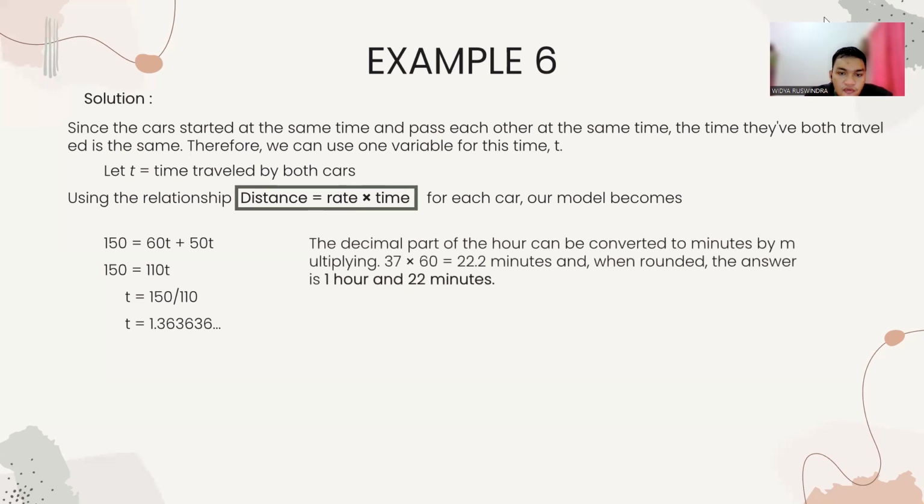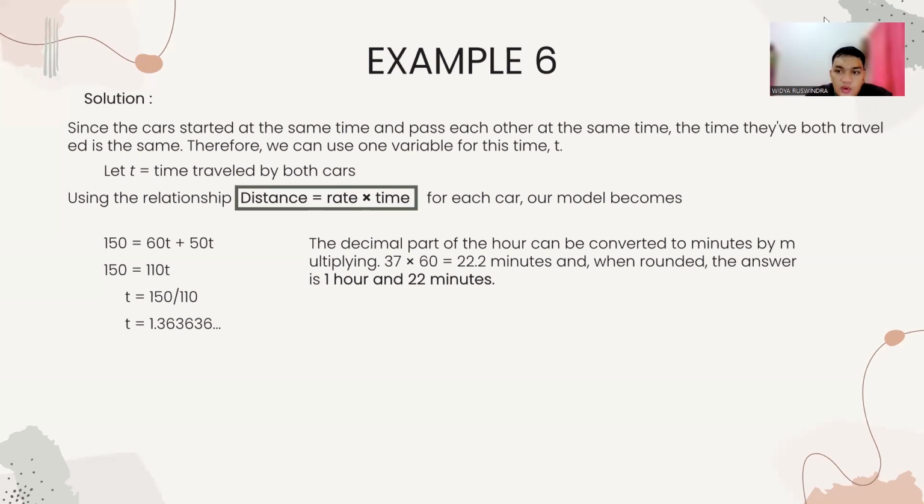The decimal part of our hour can be converted to minutes by multiplying. The value t is 1.36336. We round up, so the value t is 1.37. And 1.37 is equal to 1 plus 0.37.